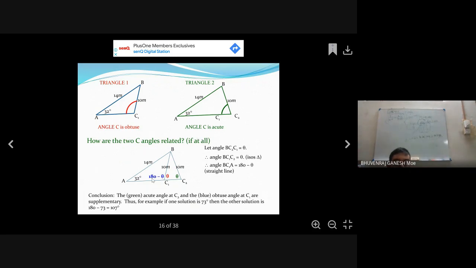So that's why I said. So what do they say? How are the two angles C related? Okay, what do you all think? How are the two angles related?